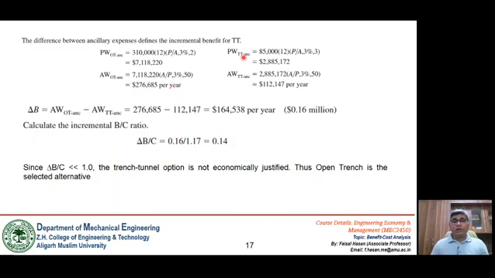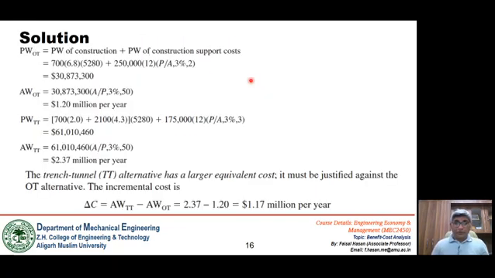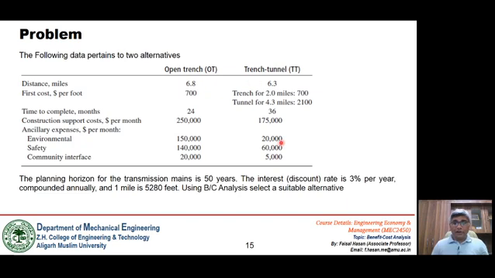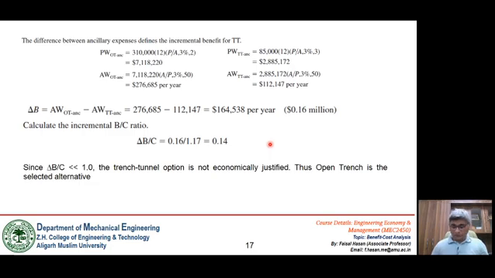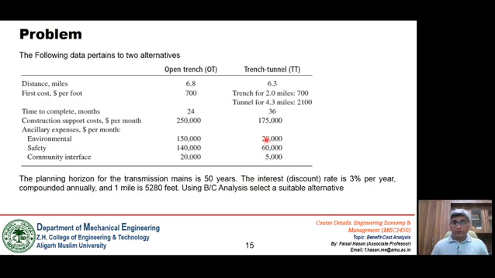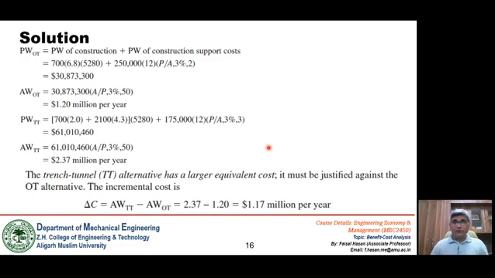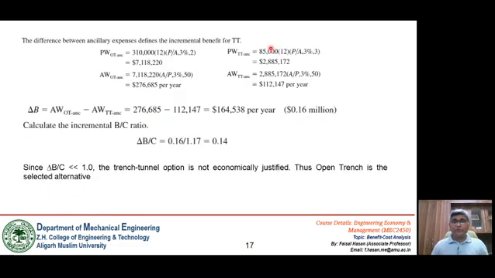Similarly for the tunnel trench, the total benefits are found by adding all three: 50, 60, 70... there might be a calculation error. So 60, 70, 85... okay, this is 85,000, that's correct.